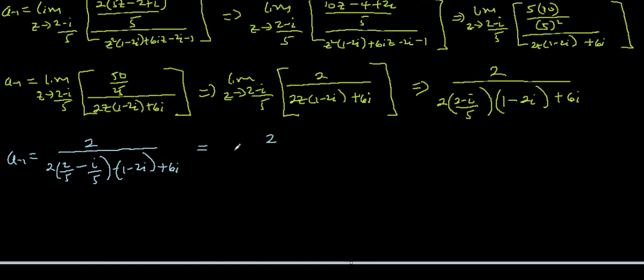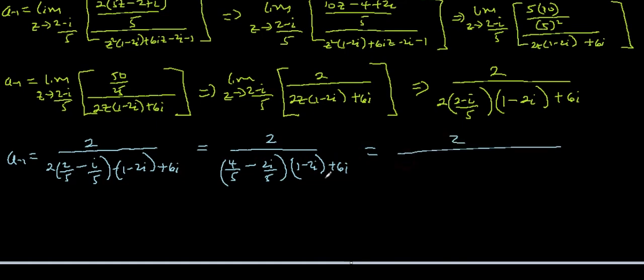So this is 2 divided by 4 over 5 minus 2i over 5 into 1 minus 2i plus 6i. So this is 2 divided by 4 times 1, we have 4 over 5.